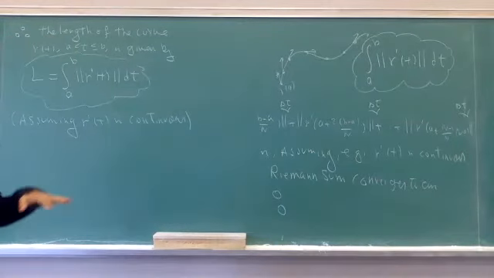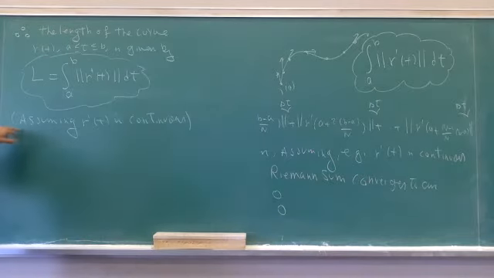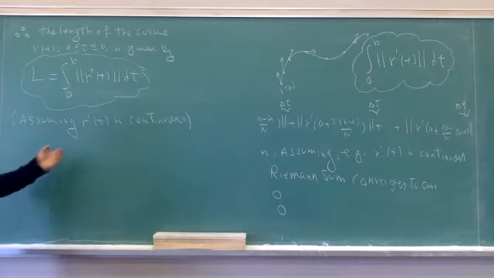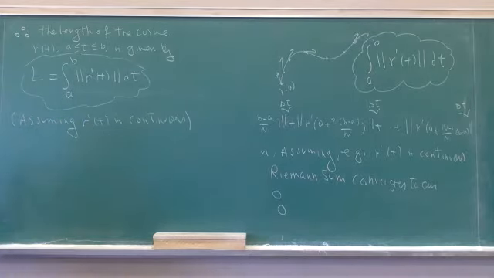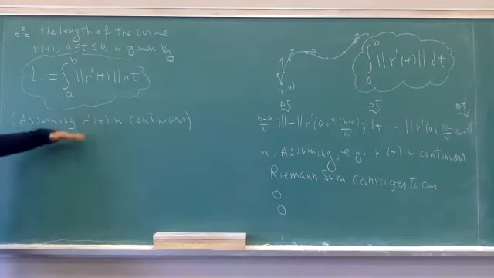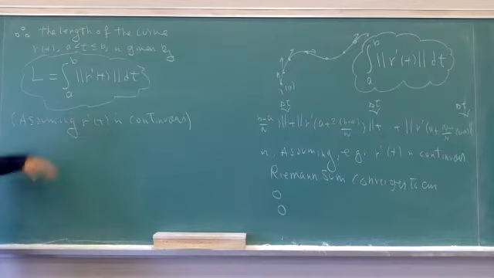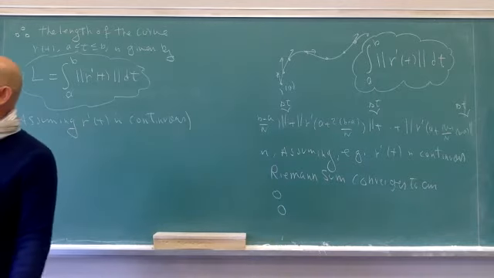So there is some technicality involved. It says that the concept works well if your function is smooth enough, differentiable enough. One-time differentiability is enough, or r prime continuous. You can relax this condition just a bit, but not too much. But for us, this is good. Any questions?